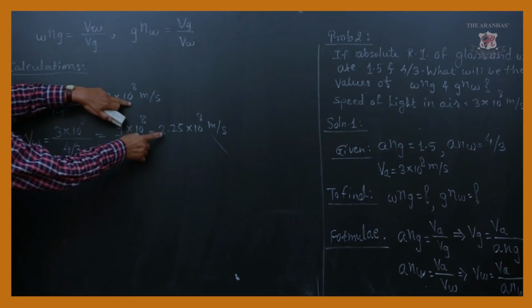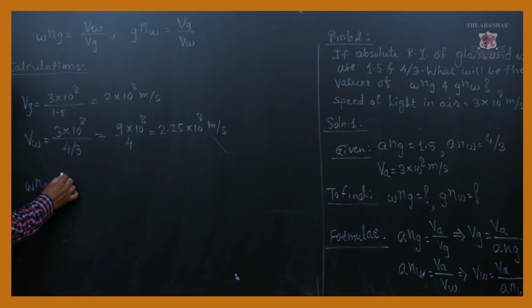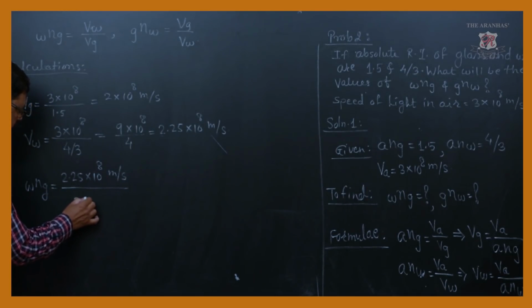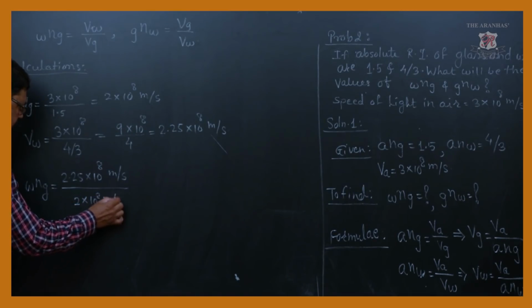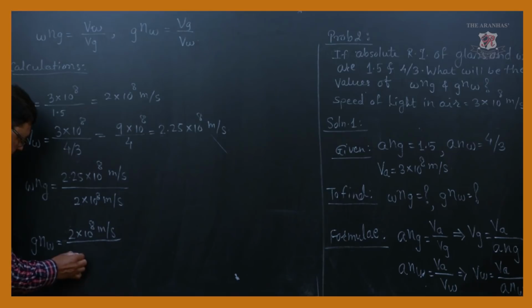Now substitute these two values in this formula and get the answer. w_n_g equal to Vw upon Vg. Now what is Vw? 2.25 into 10 raised to 8 meter per second upon 2 into 10 raised to 8 meter per second. Carry out the calculations by yourself. g_n_w, 2 into 10 raised to 8 upon 2.25 into 10 raised to 8.